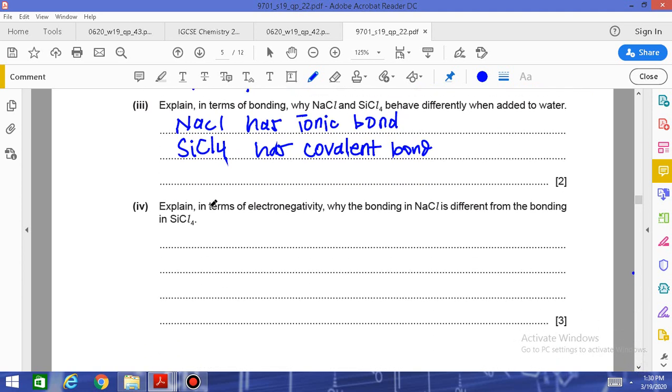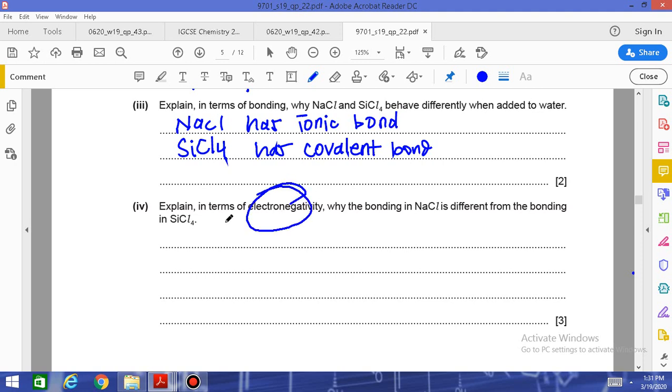Okay. Next, explain in terms of electronegativity why the bonding in sodium chloride is different from the bonding in silicon tetrachloride.